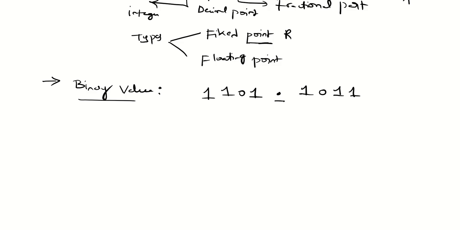See, this is the point. This point is called the radix point, or sometimes the base point. This point has a fixed position in the number. That kind of number system is called a fixed point representation. That's the simple definition.